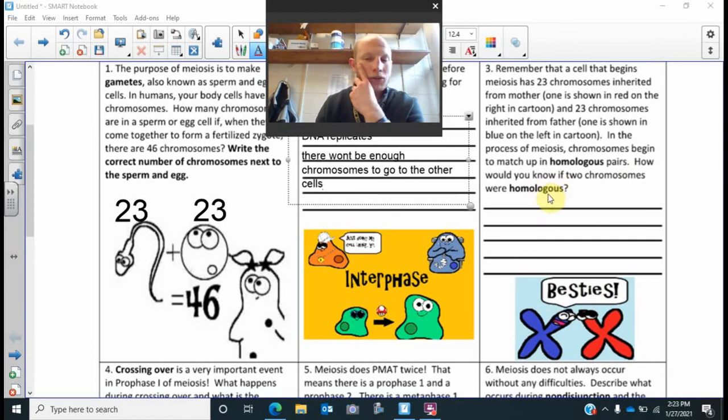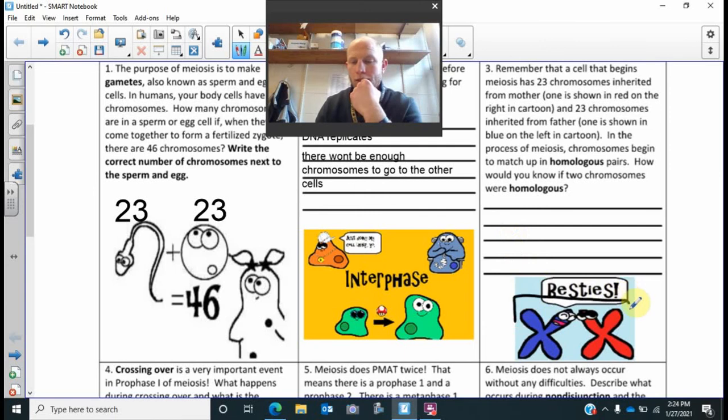The prefix homo means the same. So if these guys are the same, that means they're the same chromosomes. This is kind of where it starts getting tough with this stuff. Let me get my pen out. These guys are actually the same chromosomes, and they pair up. So these guys are identical.